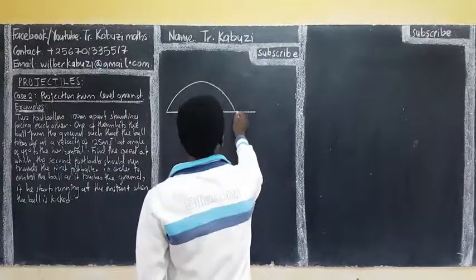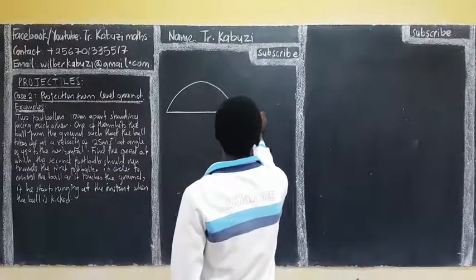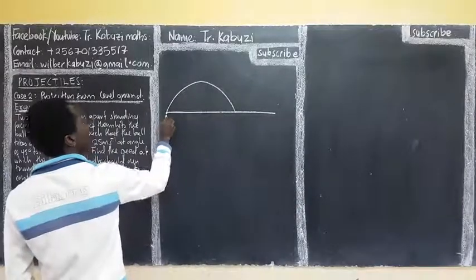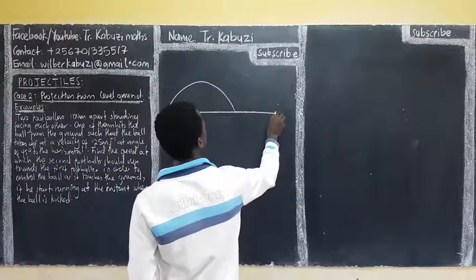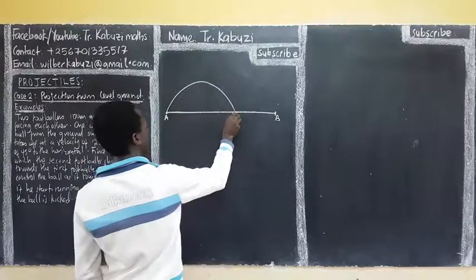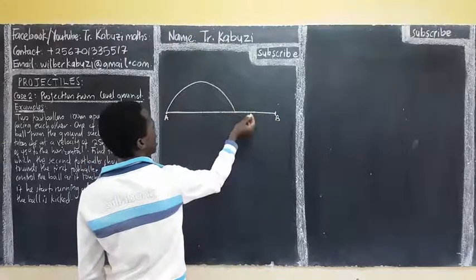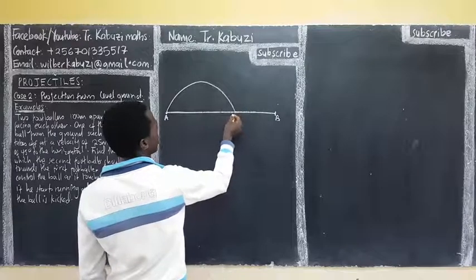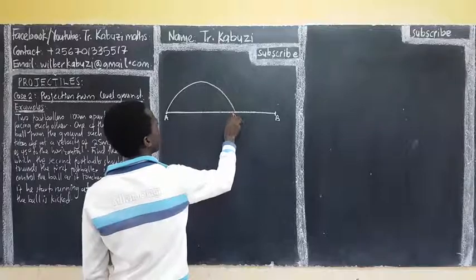Now this first player is going to be my A, and the second player on this side is going to be B. If the ball touches the ground at a point, let me call it D, at this point here.